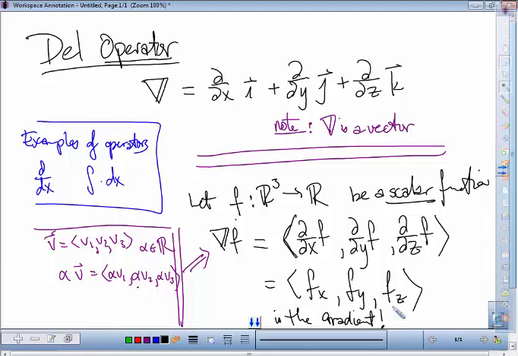So let's think about dotting this del operator with another vector. Wait, I need a vector. I need a vector valued function, or what are we studying? Related. But line integral, what are we putting inside of a line integral?